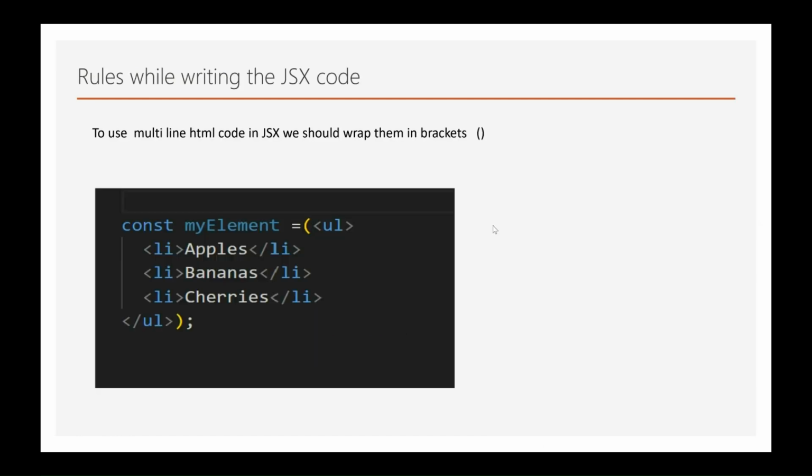Let us understand the rules while writing JSX code. First rule: to use multi-line HTML code in JSX, we should wrap it in brackets. Example: here we have wrapped the whole HTML code in between brackets.